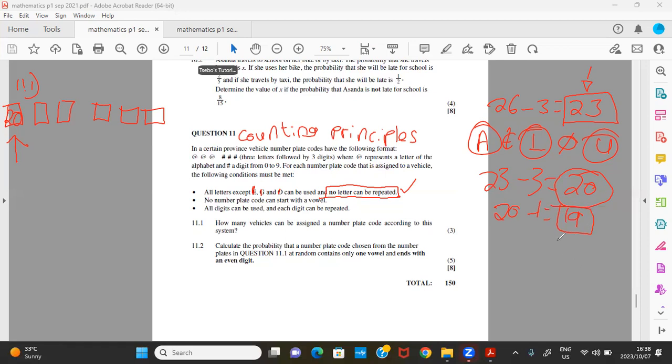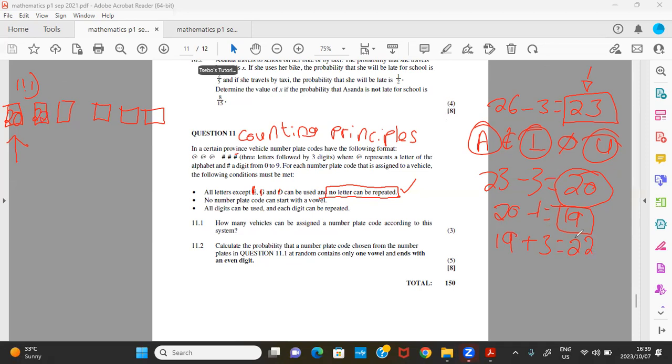I'm left with only 19 letters now. And I know that out of the 20 that I used, none of them was a vowel, right? So I must add them back so I can use them for my second and third letters. So now it will be 19 plus the 3 that I took out. Then how many do I have now? 22 that I can use. Yeah? So for the second one, I can use 22 letters.